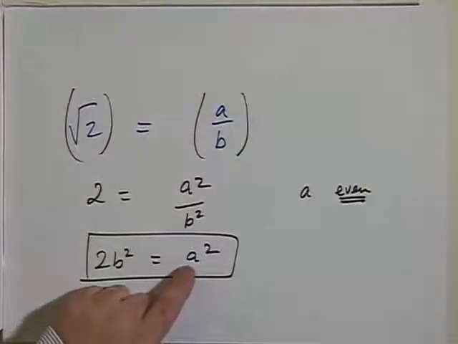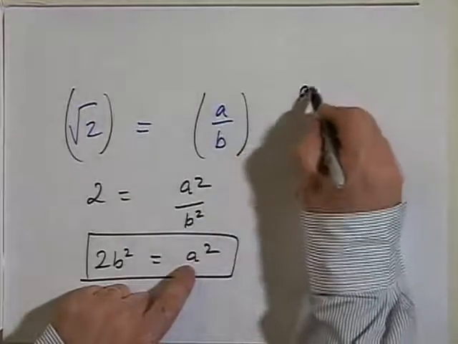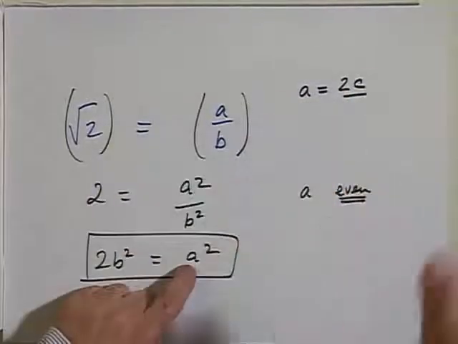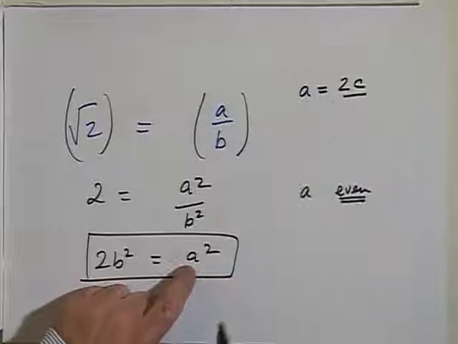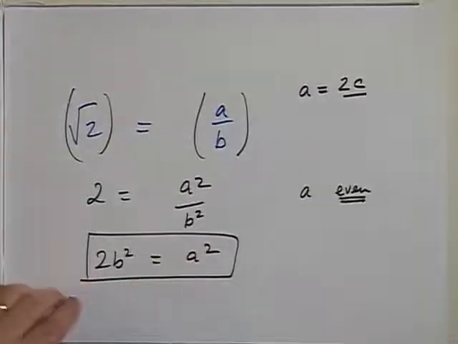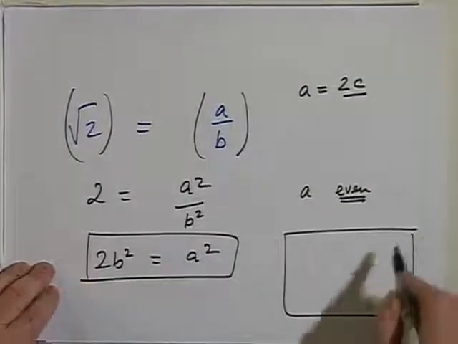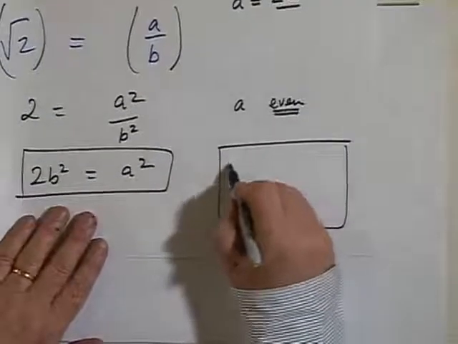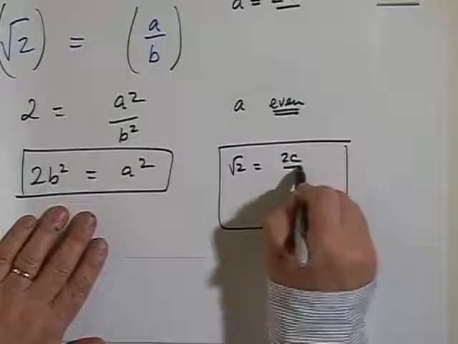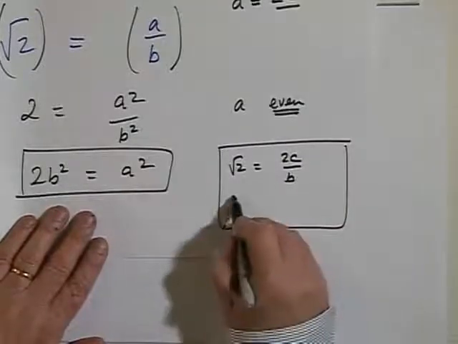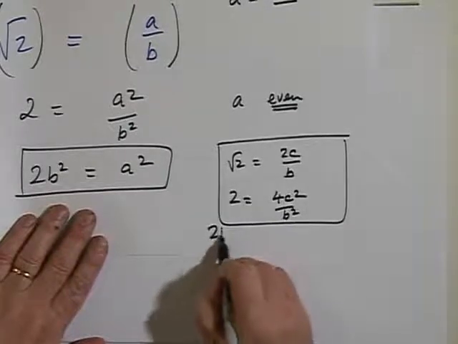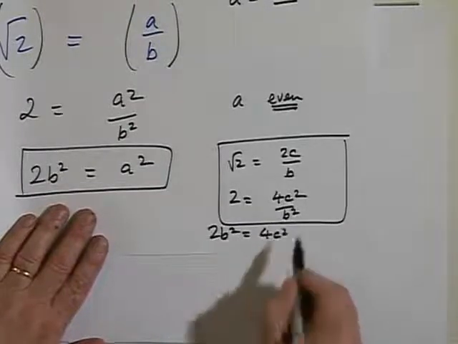Now, if A was even, which is great, A is really the same as 2 times an odd number, or maybe 2 times an even number, but A is even, it's like 2C. And they did the same logic then, bit of a twist, and they said if A is 2C, well then the square root of 2 is 2C over B. 2 would be 4C squared over B squared. 2B squared is 4C squared.